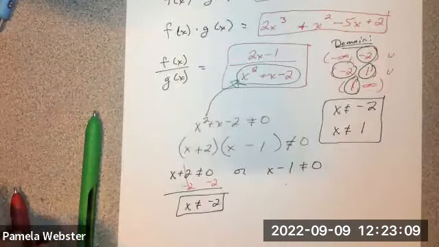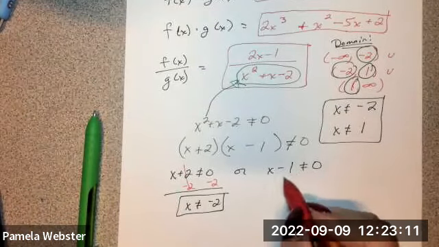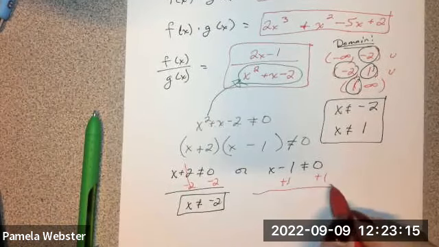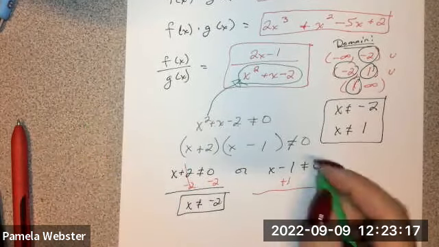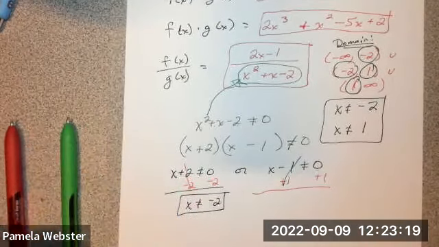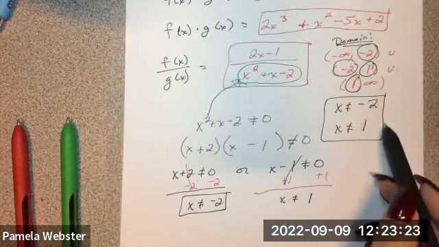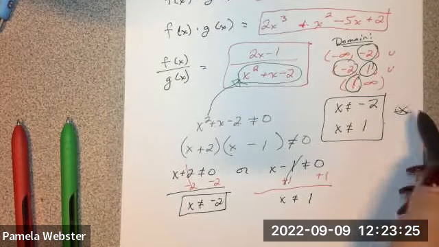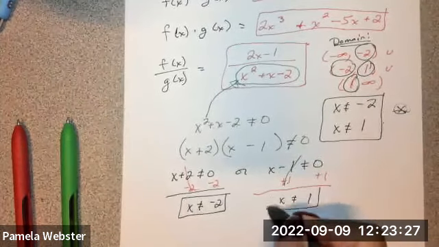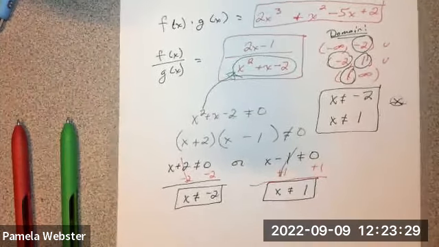Or here I've got x minus 1. So to get rid of the subtract 1, I do plus 1, right? That's the opposite on there. These guys go away. x cannot equal 1. Well, look, that's exactly what they had, right? So hopefully that makes sense how they came up with that.